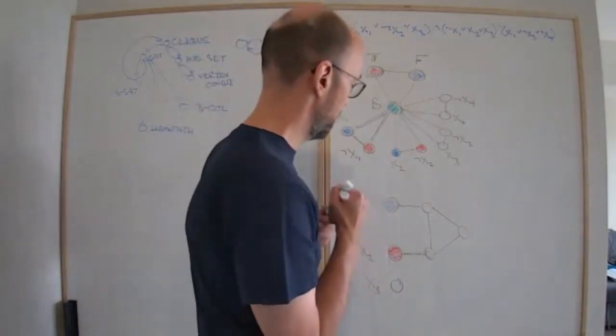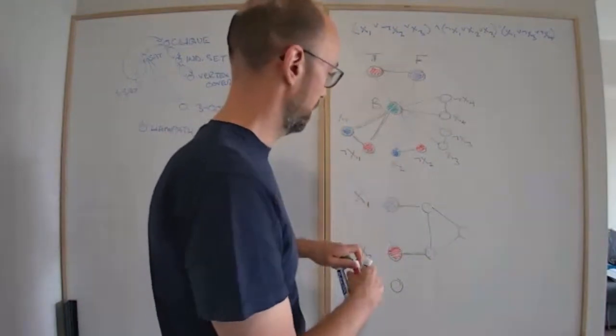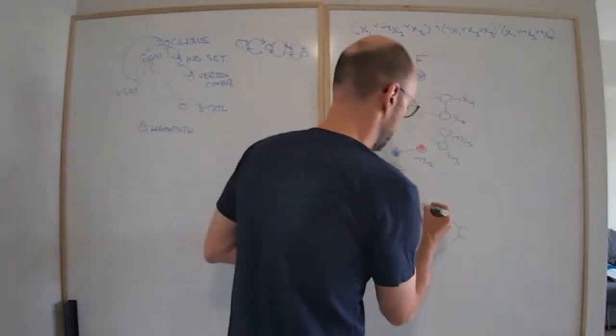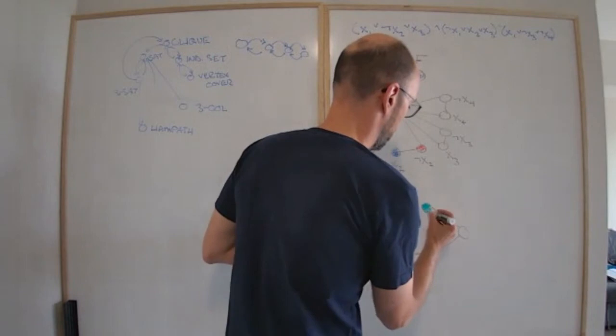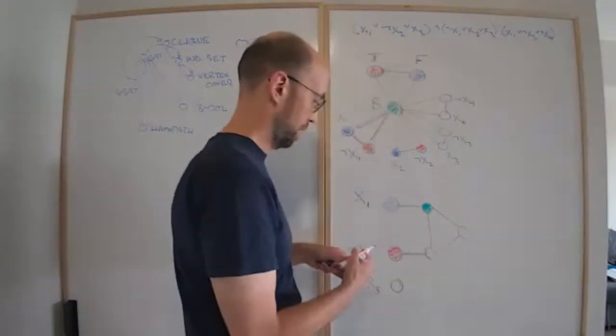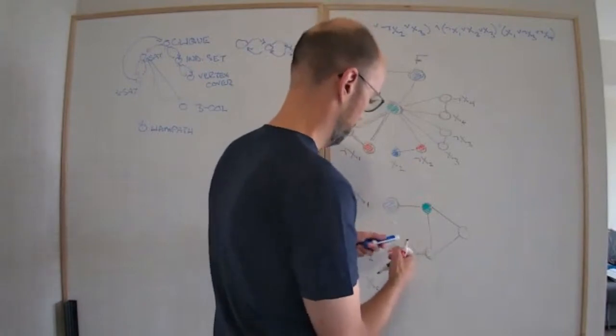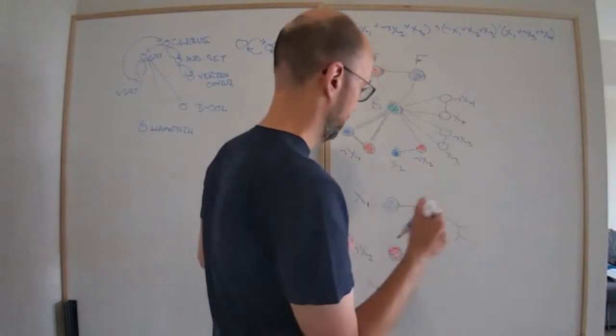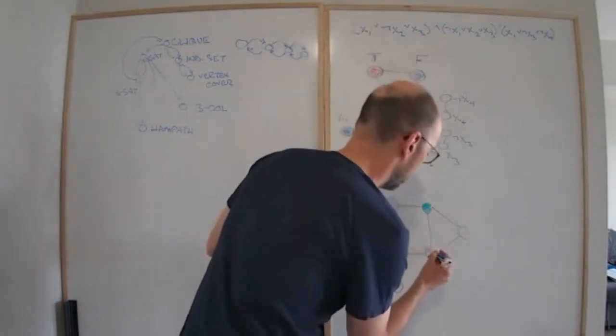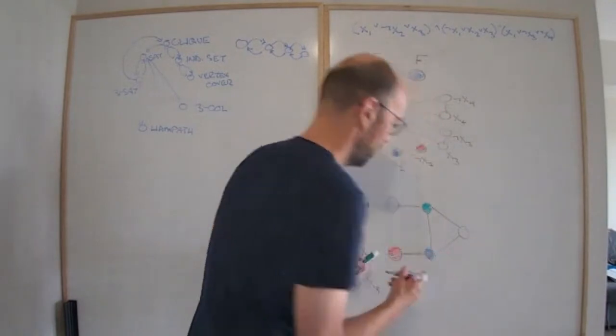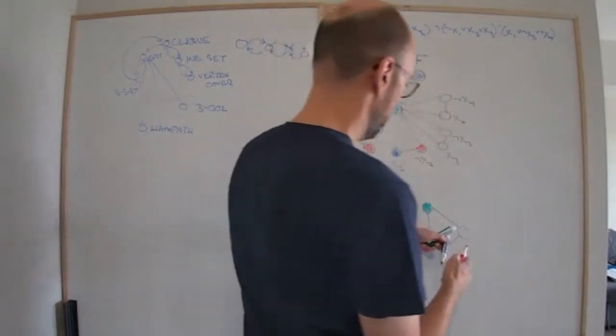So I can make this one base, and this one is false, which means I can make this one true.